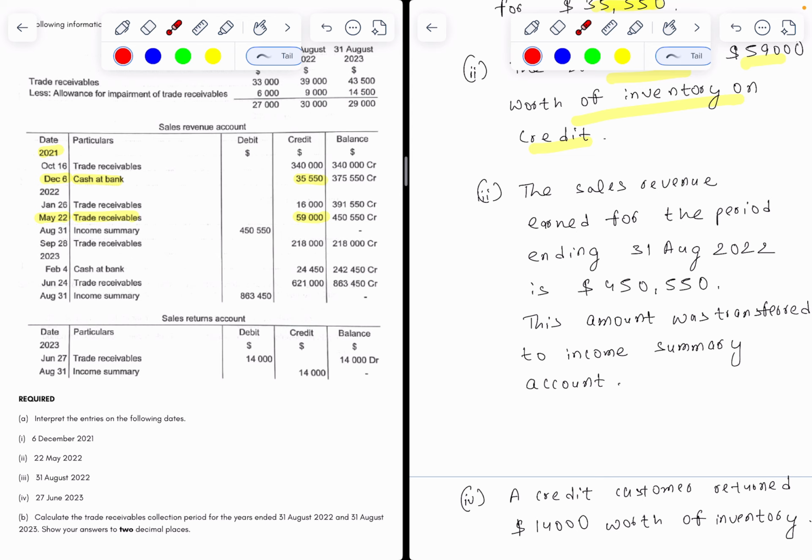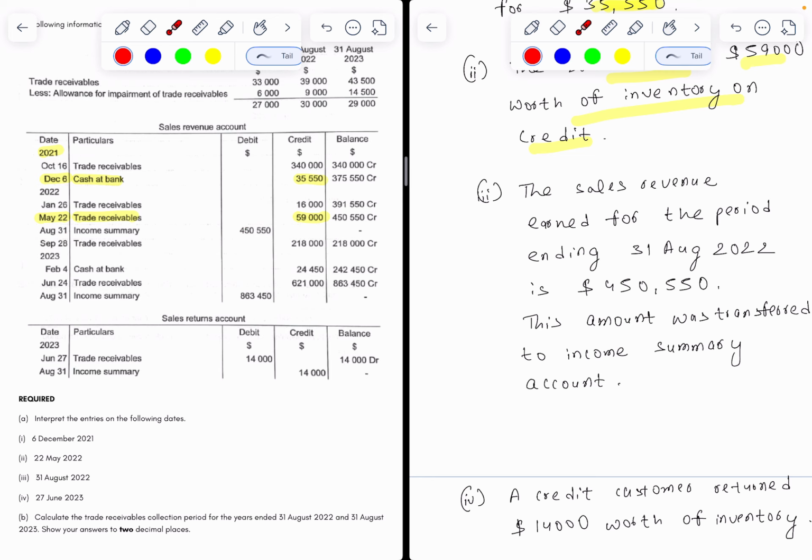So on the 31st of August 2022, we are essentially closing our revenue account and transferring the balance to the income summary account, as you can see here. So the total amount that is being transferred is $450,550. You can only transfer this amount to the income summary if this revenue is actually earned, right?